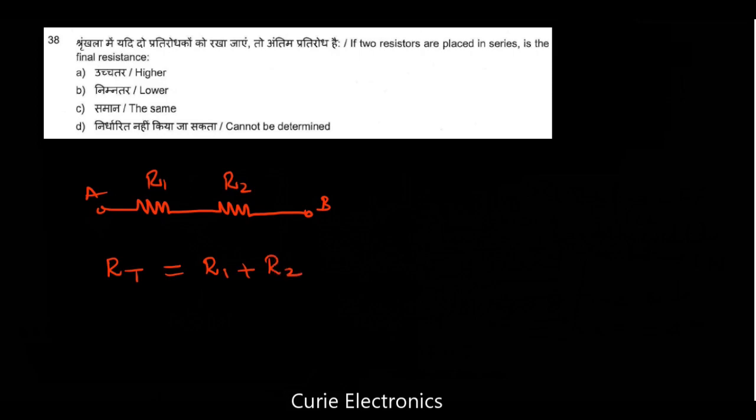So what is happening? If 2 resistors are placed in series, that is the final resistance. Higher is the final resistance. Similarly, if you have 2 resistors connected in parallel, what happens? R1, R2.